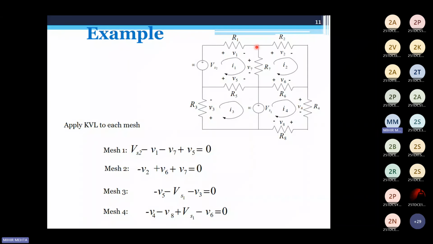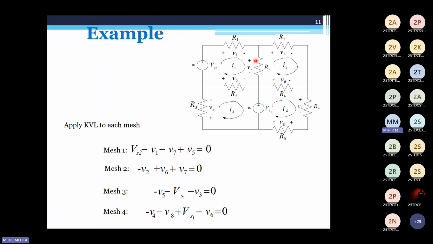Now, when we talk about the resistance R7, when the current I1 flows through R7, please have a look at the current I1 and the branch which has the resistance R7. I1 is not the only current passing through R7. There is also one more current, I2, which is passing through R7.